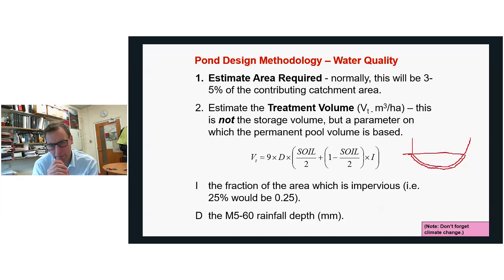So he wrote a paper about this equation, talking about how he'd used it to design these ponds in Dunfermline, and he said that the equation was based on work which was presented in another paper.